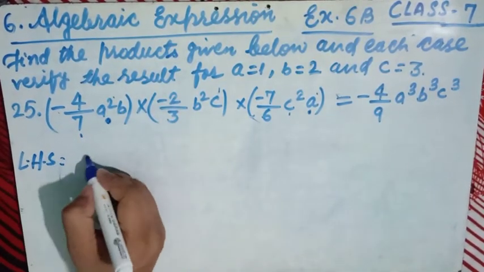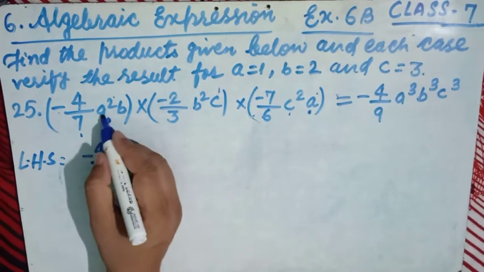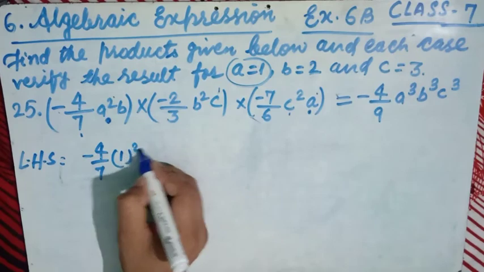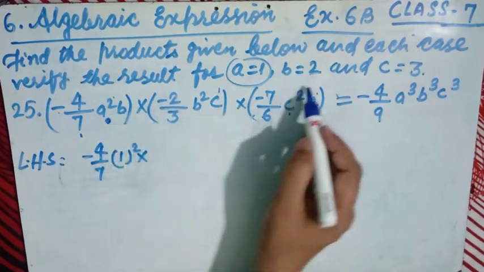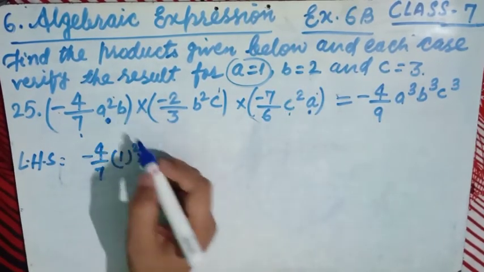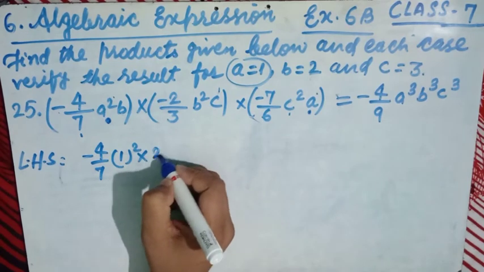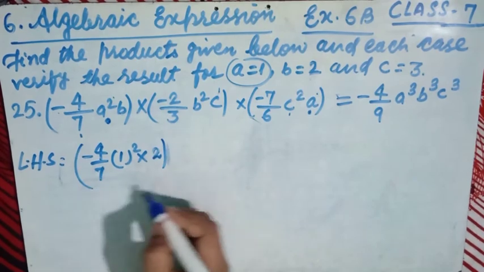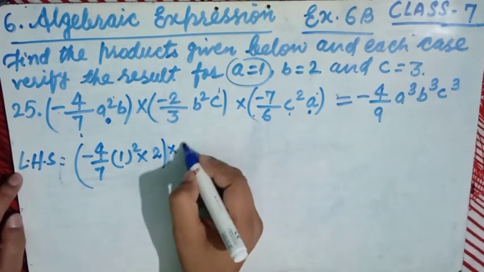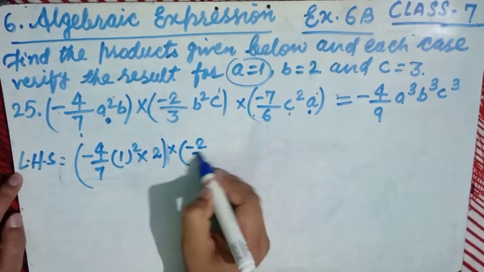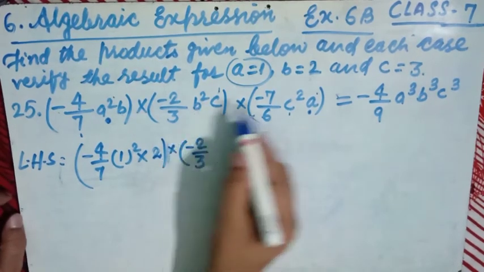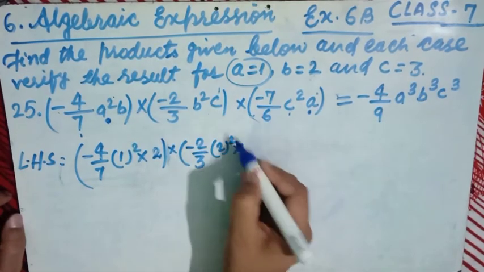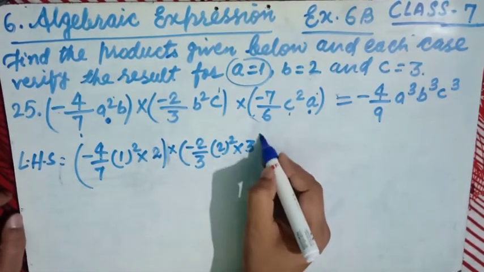Now put the values. Minus 4 by 7 a squared, where a is 1, so a raised to the power 2. The value of b is 2. Next, minus 2 by 3 b squared, the value of b is 2, so 2 raised to the power 2, multiplied by c, which is 3.